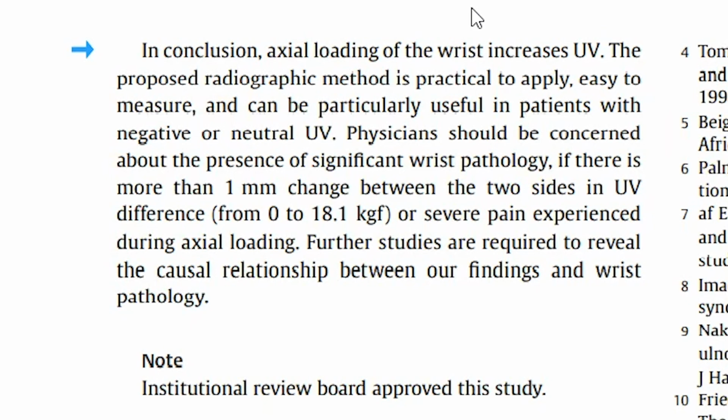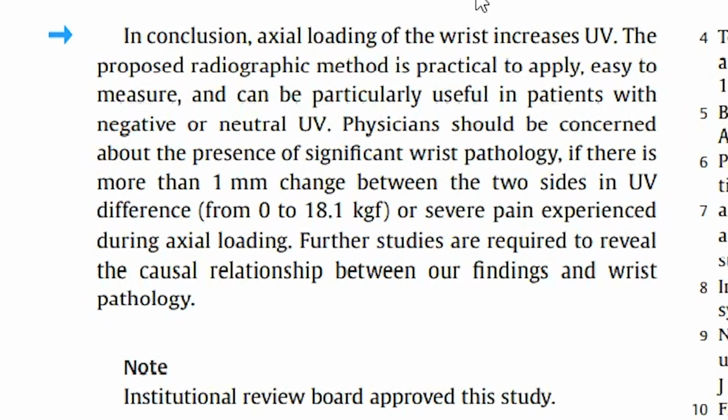Really, what I'd like is further investigation of the variations of ulnar variance in the adult population under load. That's a key takeaway, right? It's further investigation. We always need some further investigation to help us be better.